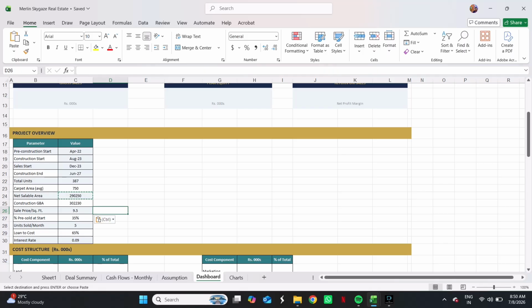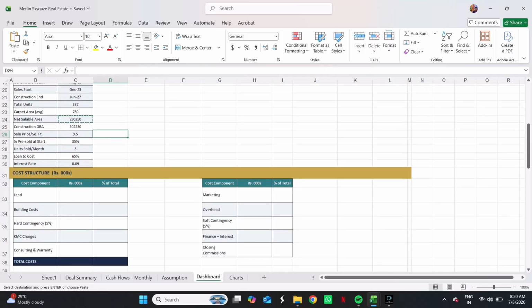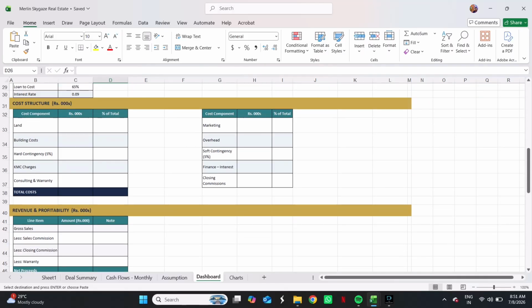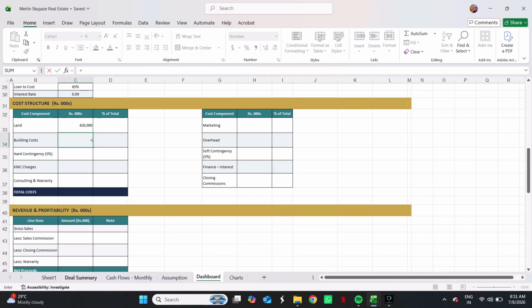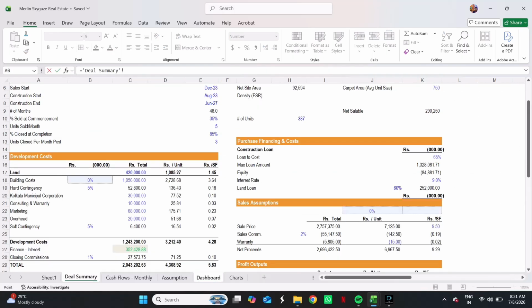Then let's move to the construction cost structure. Here we will put all the costs, all the expenses. First land, so we know the land. Then building cost, hard contingency which is 5%.